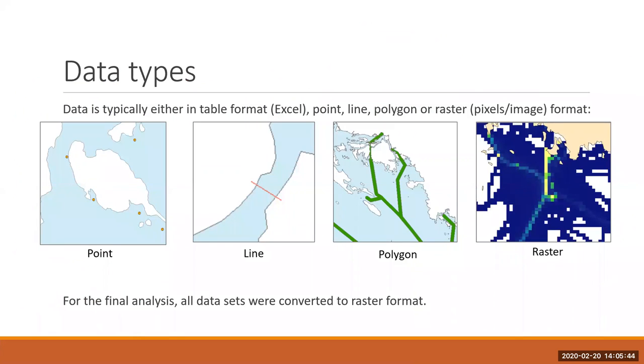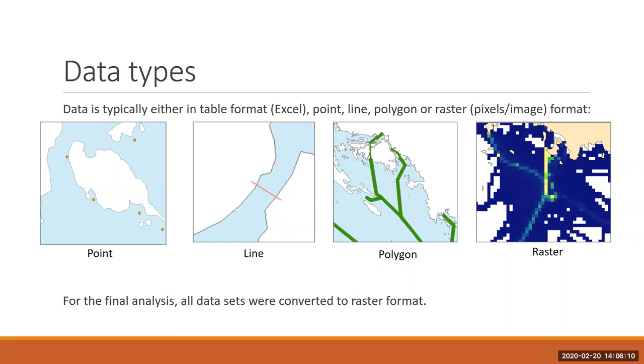And I'm going to presume that not everybody is very familiar with GIS or spatial data. So I wanted to dedicate one slide to basic stuff. GIS programs basically take in 4 types of data. They take in point data, line data, polygon data, and raster data.